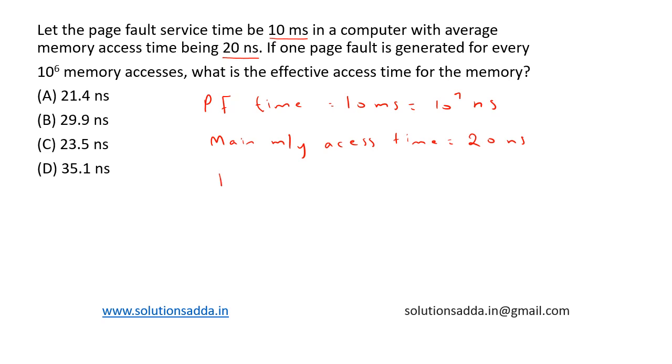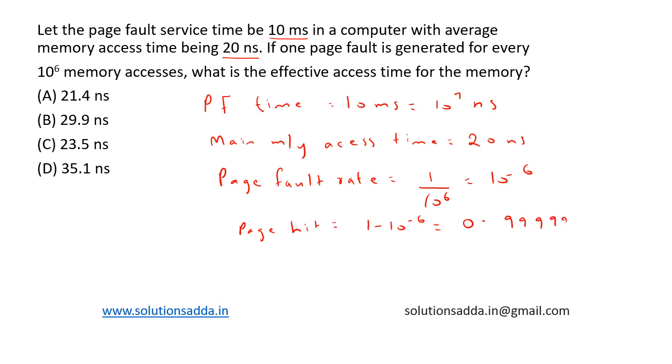So page fault rate is equal to 1 by 10 to the power of 6, which is equal to 10 to the power of minus 6, and page hit rate is equal to 1 minus 10 to the power of minus 6, which is equal to 0.999999.